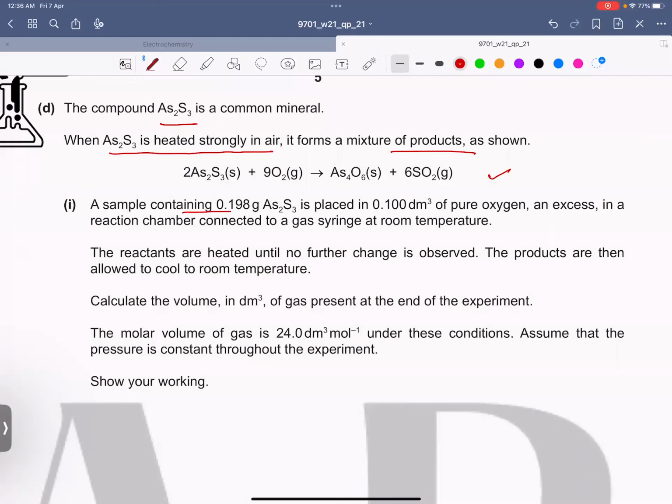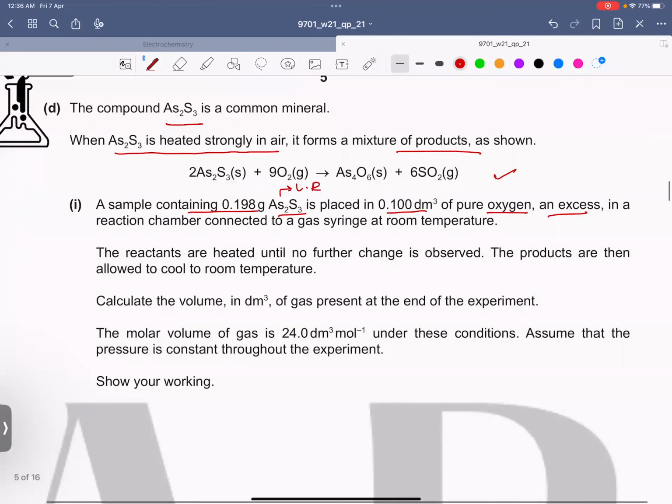A sample containing 0.198 gram arsenic sulfide is placed in 0.1 mole per dm cube pure oxygen, so oxygen is in excess, which means that arsenic sulfide must be the limiting reactant, in a reaction chamber connected to a gas syringe at room temperature. The reactants are heated until no further change is observed. The products are then allowed to cool to room temperature.